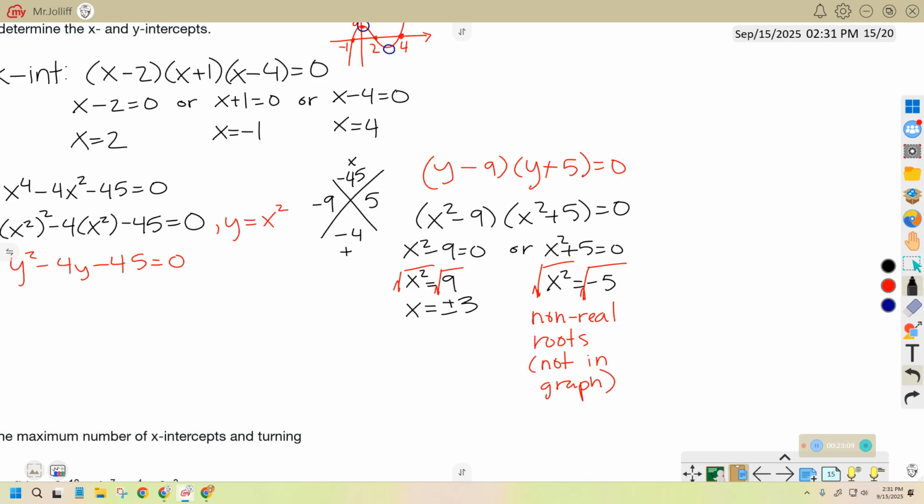What does he look like? Before you do C, graph B. We want to see what B looks like. We want to check, make sure we did our work correctly.